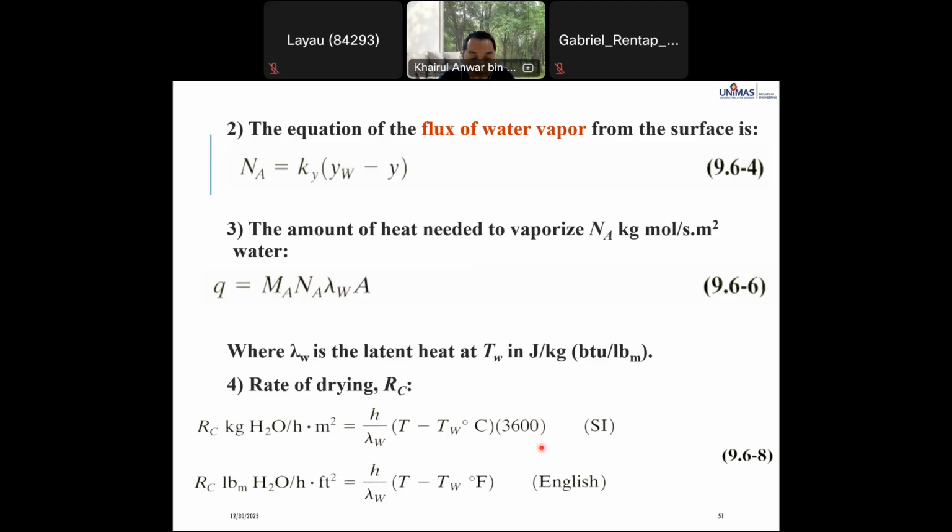Rate of drying Rc: last time Rc was based on the figure. Now we calculate Rc. So Rc equal to h over lambda w times T minus Tw multiplied with 3600.